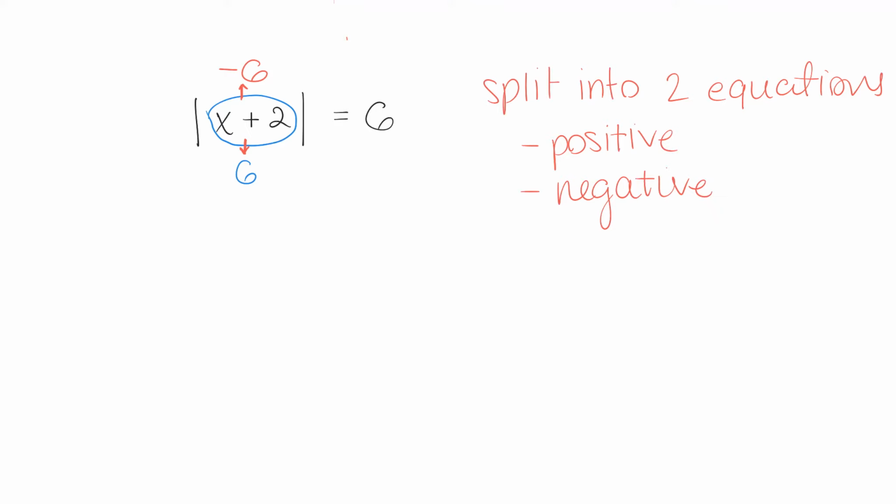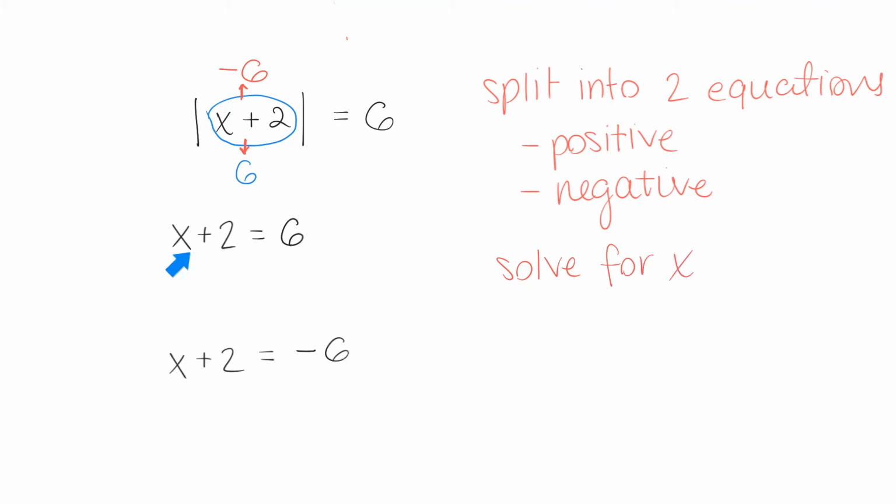We're going to say x plus 2 equals 6, and x plus 2 equals negative 6. So we've split this into two equations, the positive version and the negative version. So from here, all we have to do is solve for x. That's our next step.